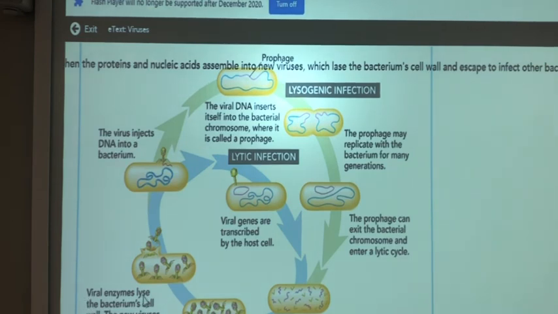Next, the viral enzymes are going to cause the bacterial membrane to lyse. That means break open. And out go these bacterial phages. These new viruses escape and infect other bacterial cells.